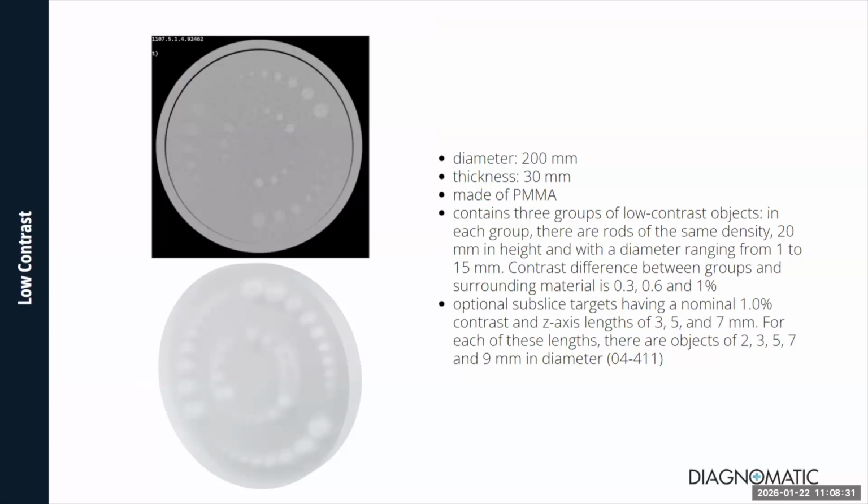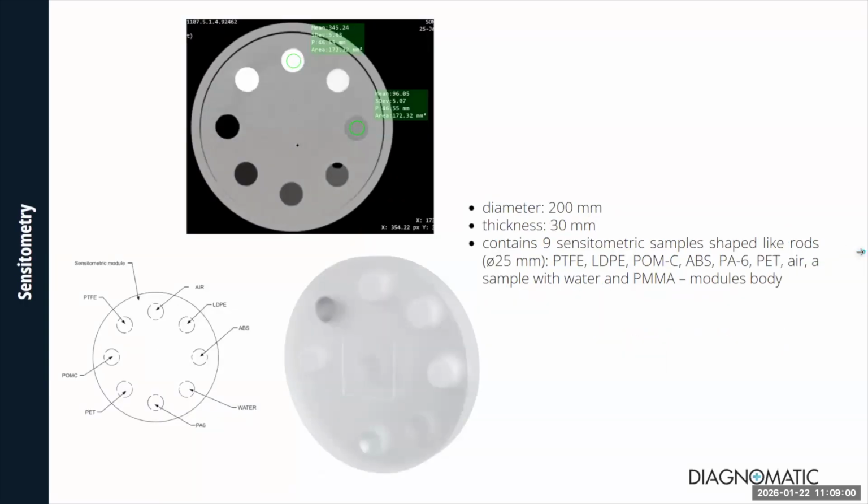We can upgrade the model with the optional subslice targets in the inner part of the model, with nominal 1% contrast and z-axis lengths of 3, 5, and 7 millimeters. I will later say why we have this and why it's important.